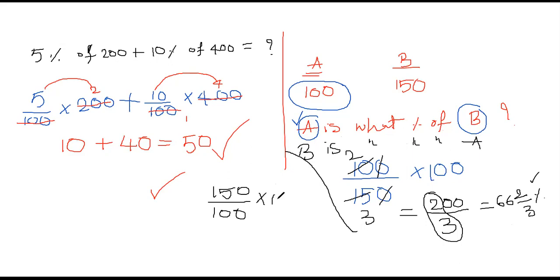Into 100 is common for every question. Then cancel it, 100 cancel, the remaining number is 150. 150 percentage is the correct answer. For B is what percentage of A, write the B value first, denominator is A into 100. This is another model, copy this.